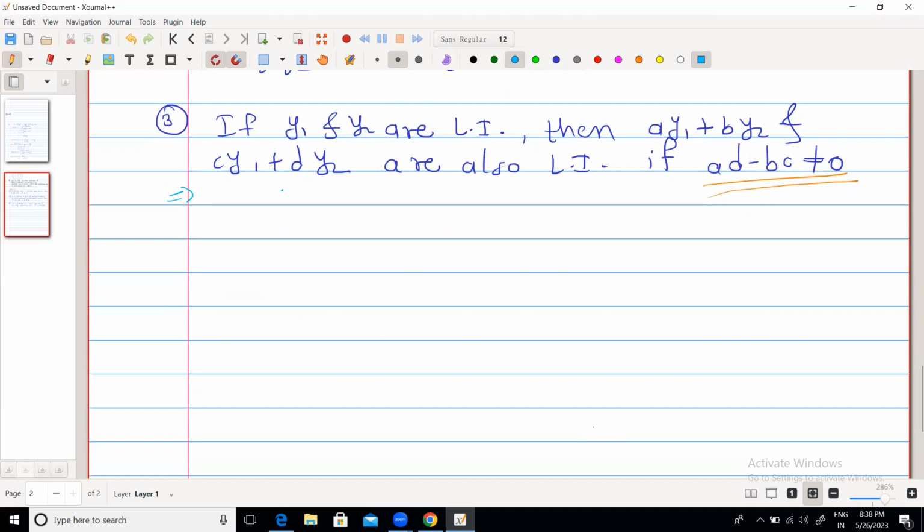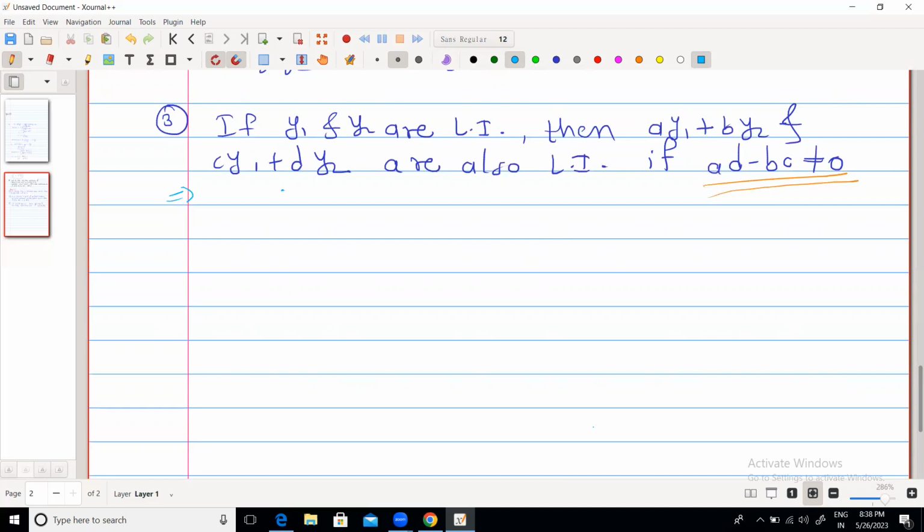Wronskian for. आता मला माहिती आहे की y1 y2 लिनियर इंडिपेंडंट आहे, ते सोल्युशन्स आहेत. Forget about linear independent. y1 y2 are solutions of the homogeneous differential equation. So this linear combination of this y1 and y2 are also solutions.